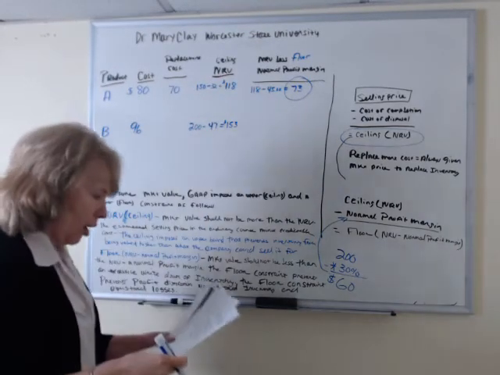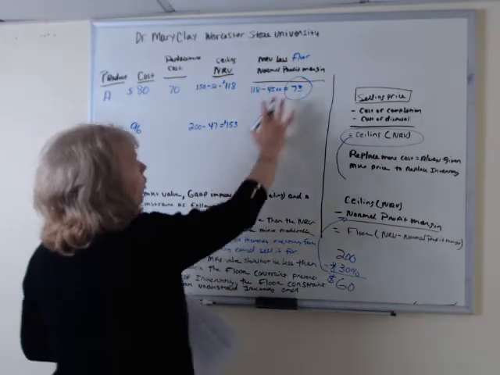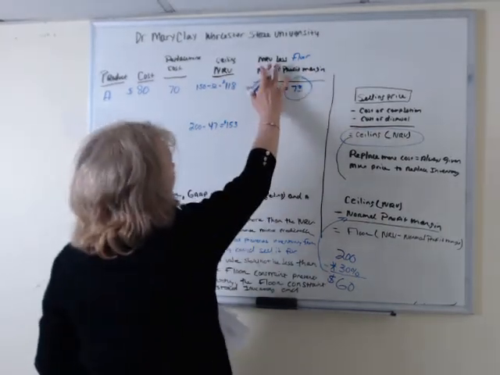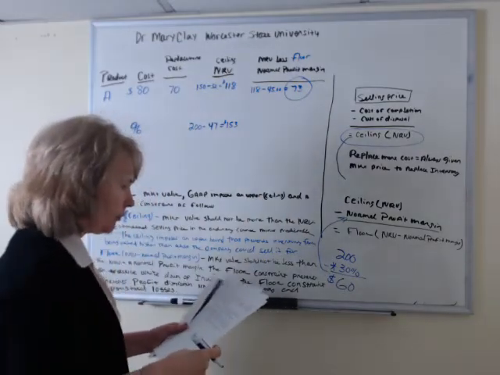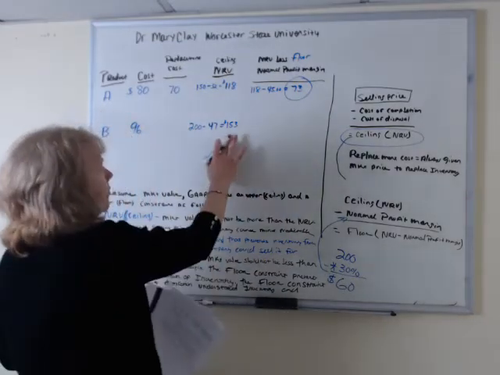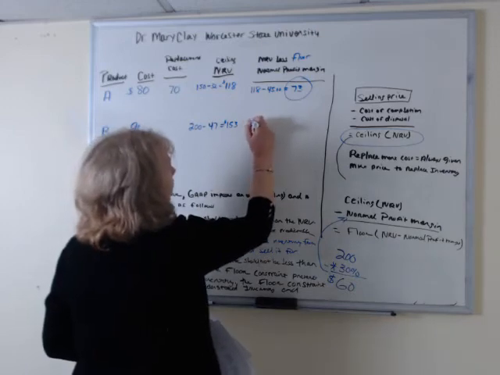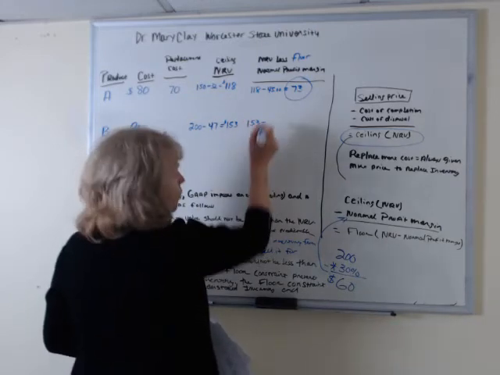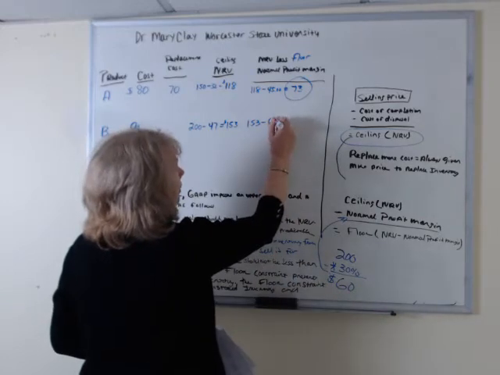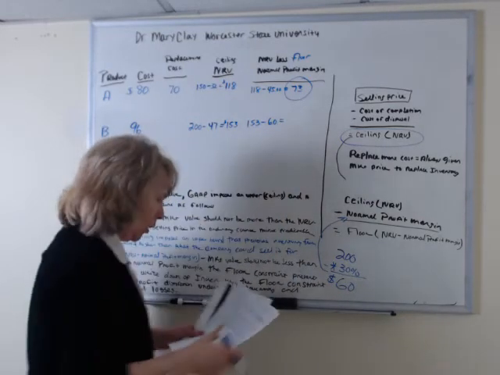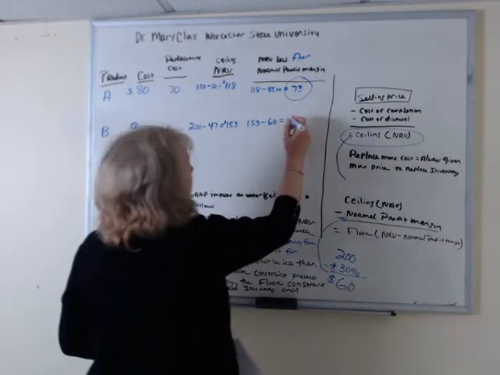Now I'm going to work on the floor, which is net realizable value less a normal profit margin. So I'm going to start with my ceiling, which is 153. I'm going to subtract out my normal profit margin that I figured right here, and that's going to equal 93.